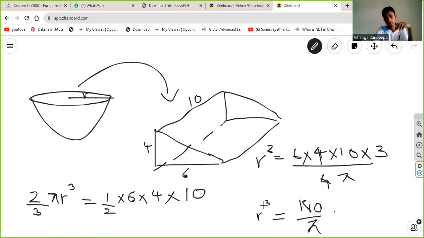You have to take the cube root, or the power of 1 upon 3. Then R equals 180 over pi to the root 3. This is the answer.